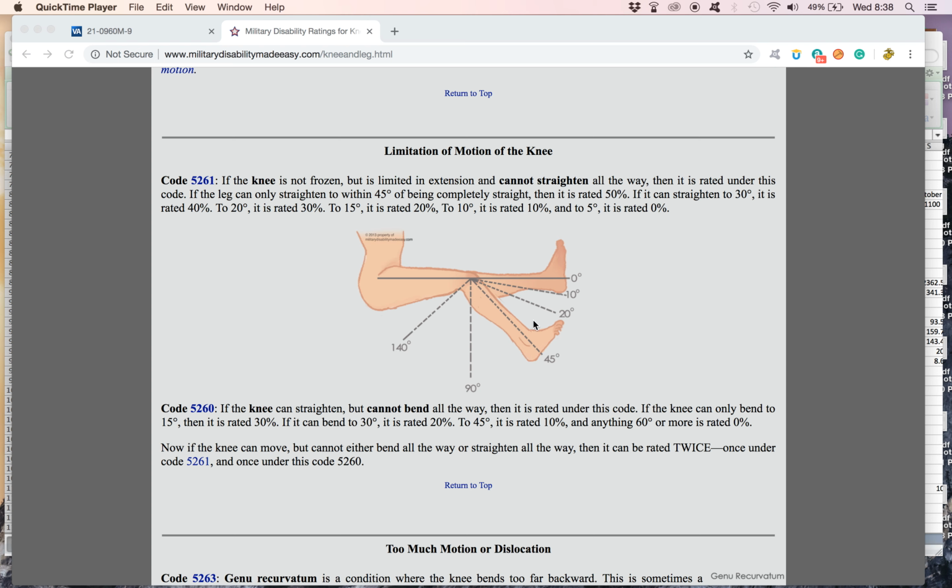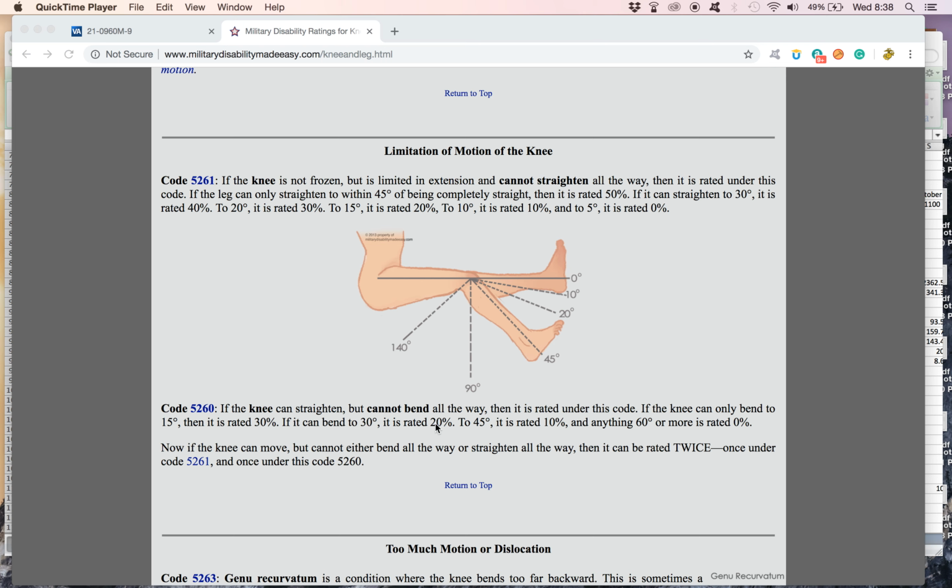So what I'm trying to tell you is, let's say your limitation of extension means you can't straighten it out past 30 degrees. You are rated at 40%. If your limitation of flexion, meaning you can't go down more than 30 degrees, then you are rated at 20%.